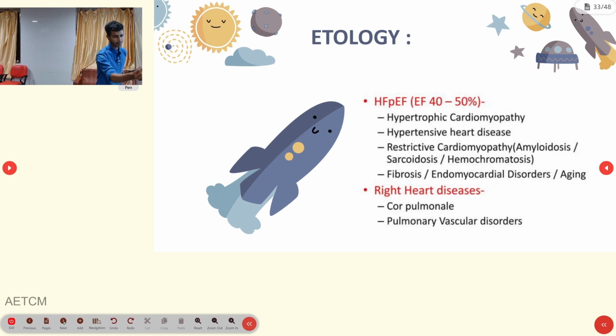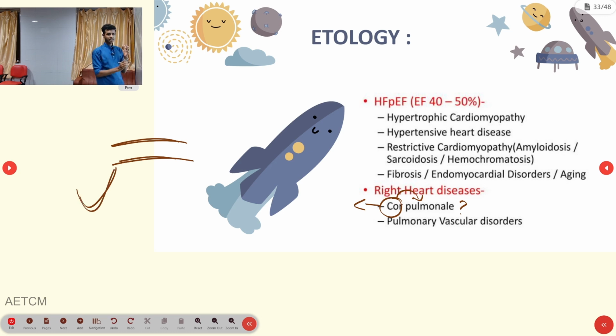What is meant by cor pulmonale? Cor pulmonale means cardiac failure happening because of the pulmonary pathology. Because of the pulmonary pathology, heart failure is happening. We'll take one example of pulmonary hypertension. Here what will happen? In pulmonary hypertension cases, the afterload will increase.